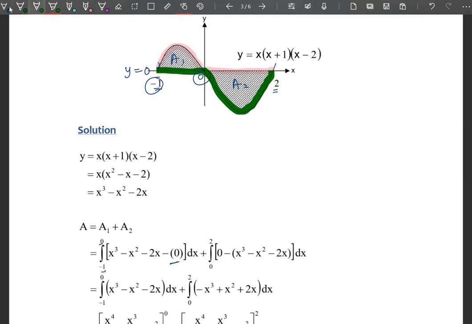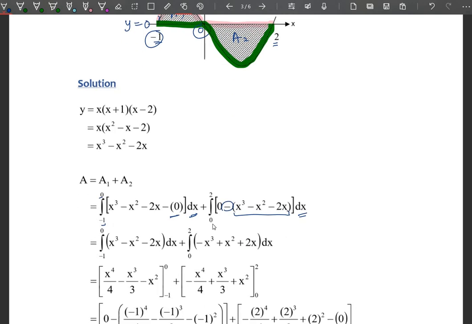And then this curve should be in brackets. Why? Because we have a negative here. Remember, every time we have minus, the function after that should be written in brackets. Both will be integrated with respect to x. This is compulsory, you need to write it in full. And then we will integrate from 0 to 2, because this is the boundary here.